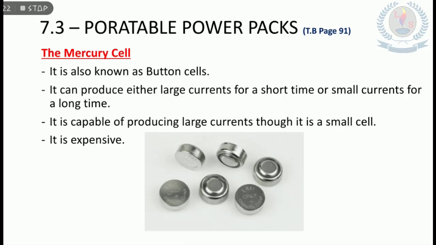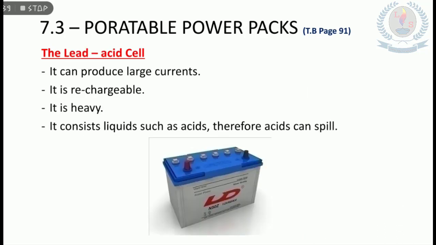Mercury cell, or else we call it even button cells. It is expensive even though it's small in size. Mercury cells are capable of producing either large currents for a short time or small currents for a long time. The lead acid cell. This is the cell which is commonly used in vehicles.